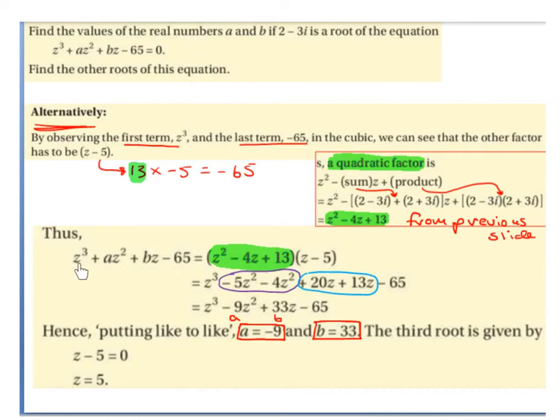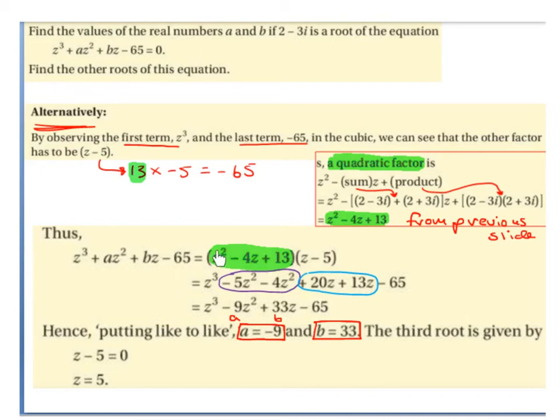Thus, z cubed plus az squared plus bz minus 65 is equal to z squared minus 4z plus 13, which is our factor, multiplied by z minus 5, which is the factor we just came up with.